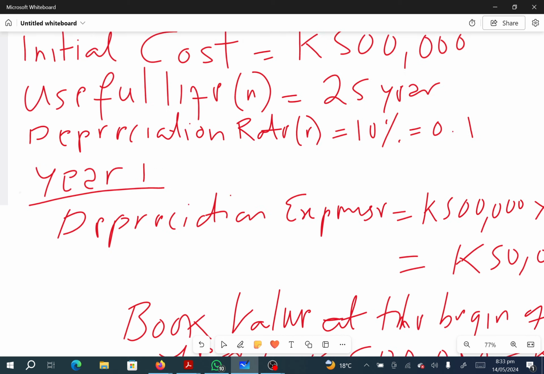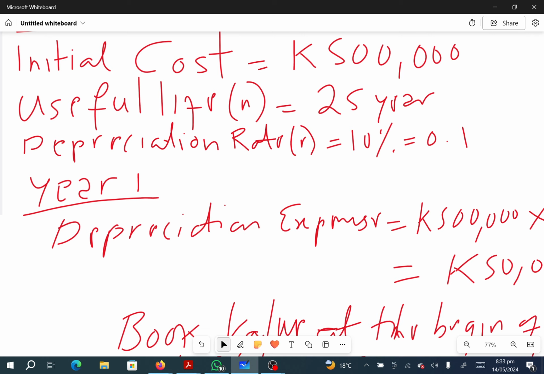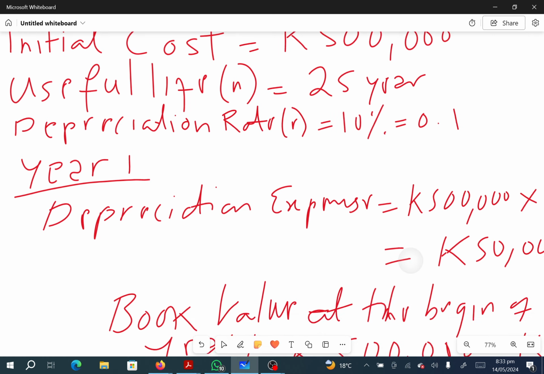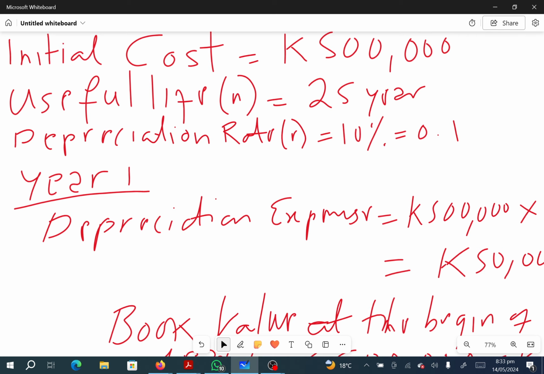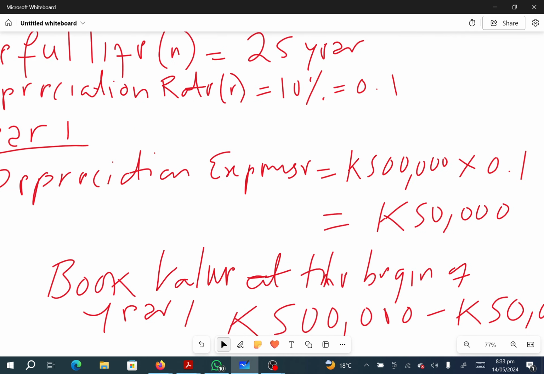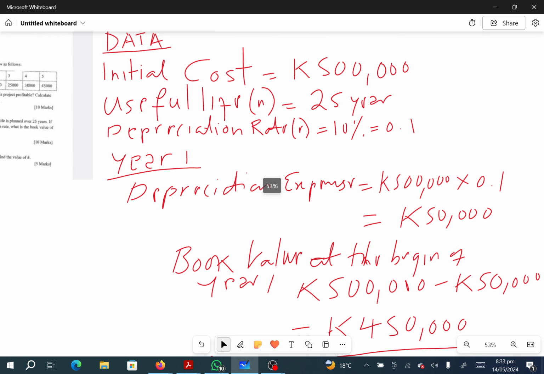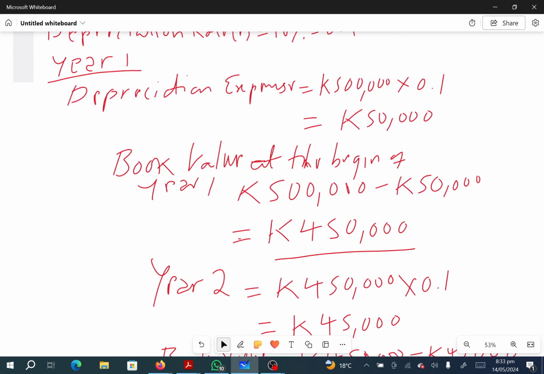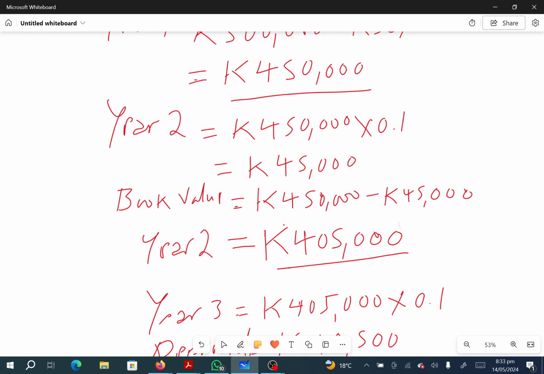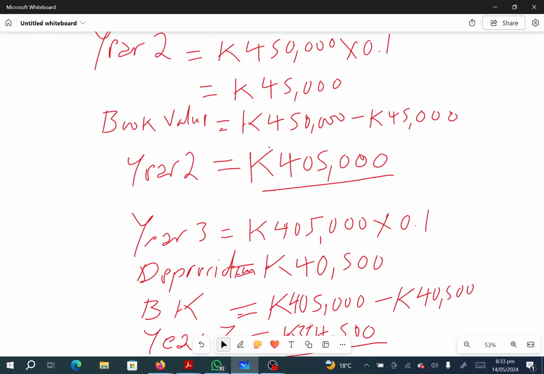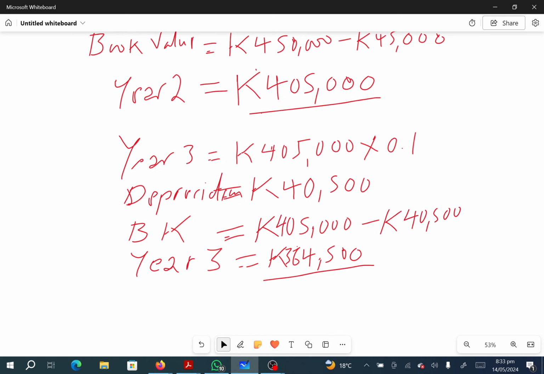The useful life we have been told is 25 years. So we would need to do this process until we reach the 25th year.